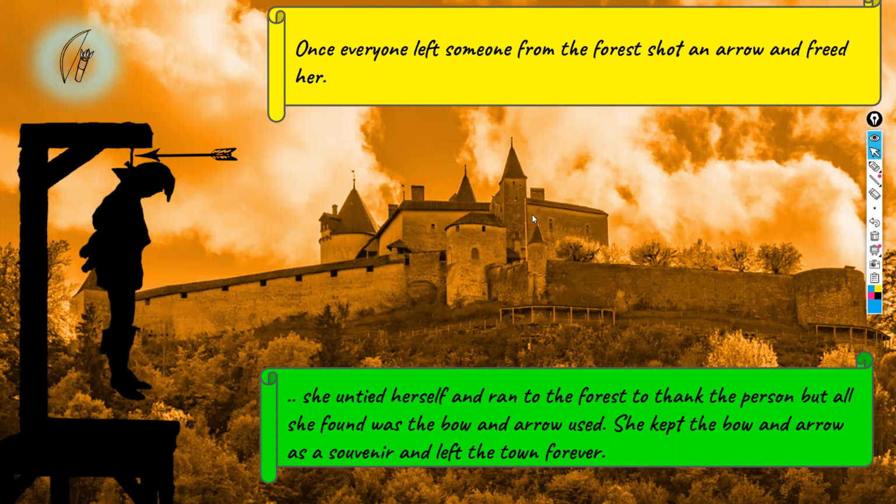So she tried to find the person, but apparently all she found was a bow and arrow used. So I guess she never figured out who saved her, so she kept it as a souvenir. All right, so that's Jenny's story.